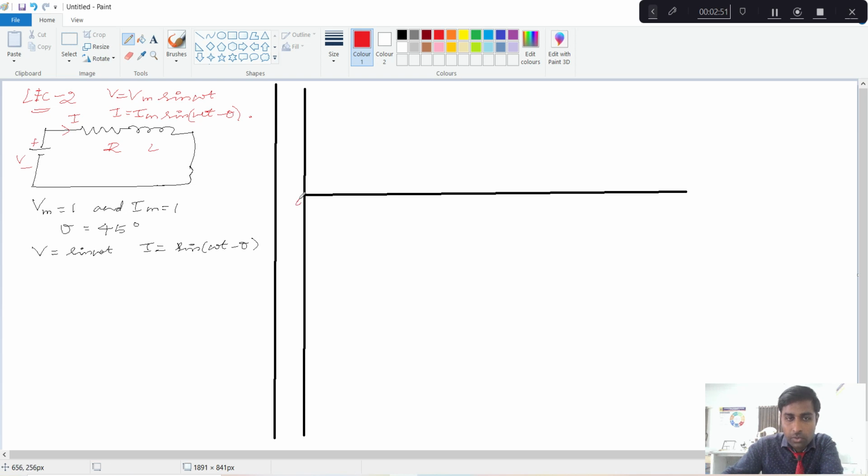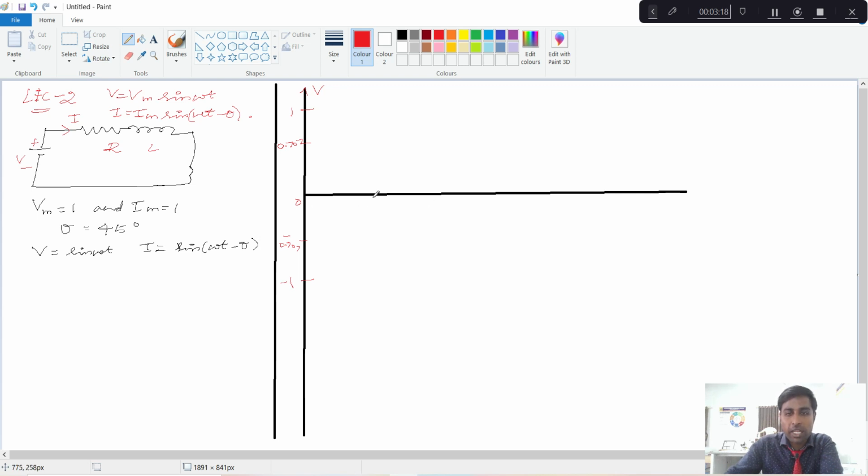So this is 0. On the y-axis I am taking V. For V, I am taking 0.707, and this is 1, and this is minus 0.707, and this is minus 1.